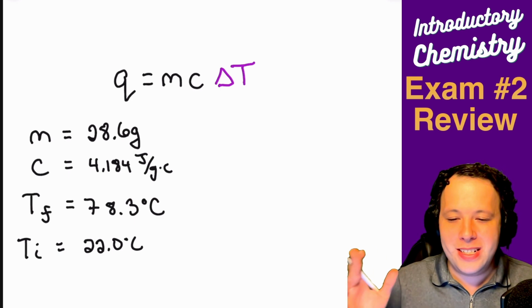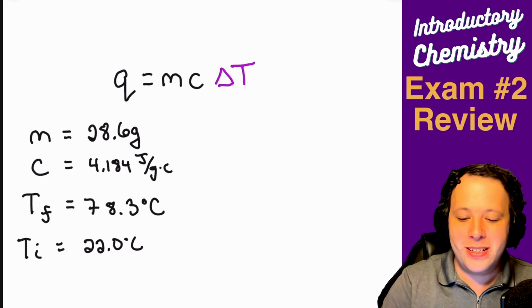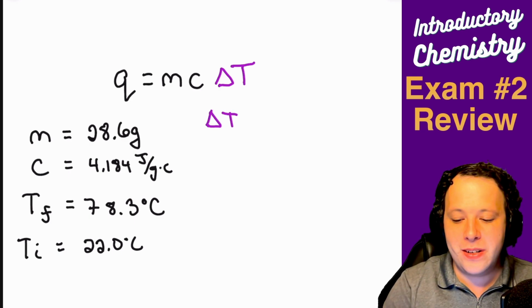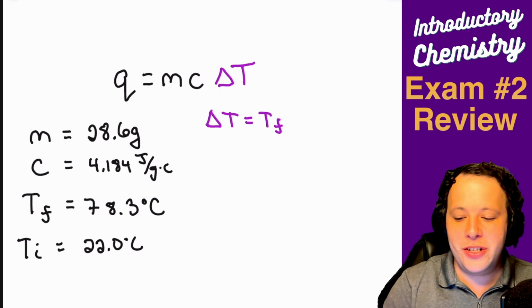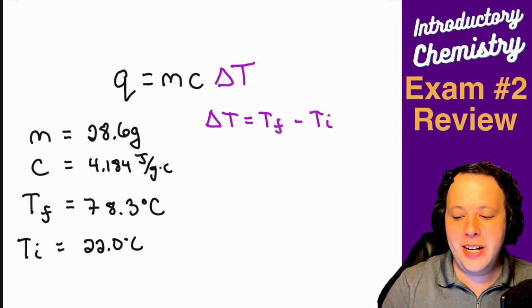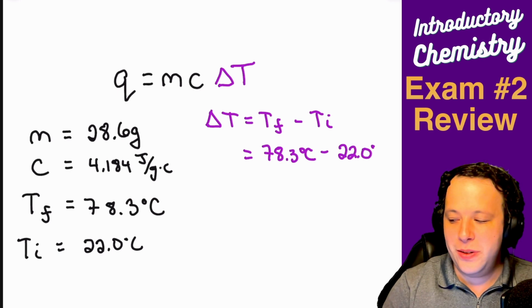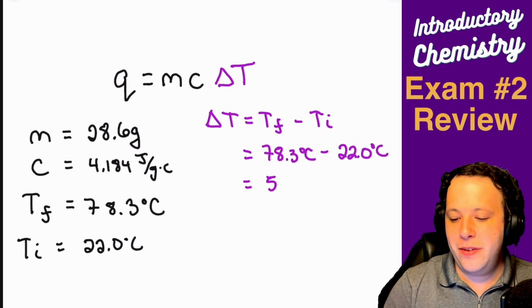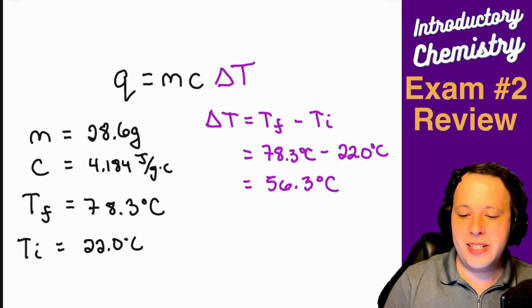The first thing is I put delta T in purple, because usually that's where you want to start: you want to calculate the change in temperature, which is going to be final minus initial. So you have 78.3 degrees C, and you subtract 22 degrees C, and you'll get 56.3 degrees Celsius.